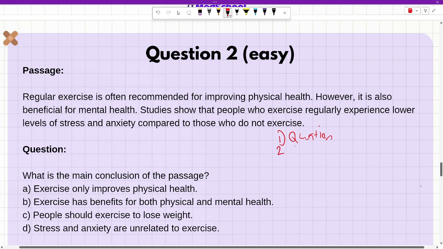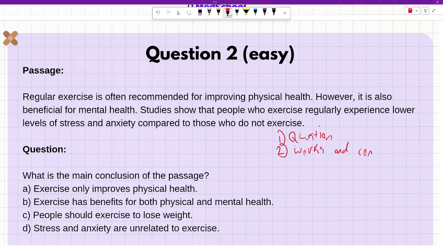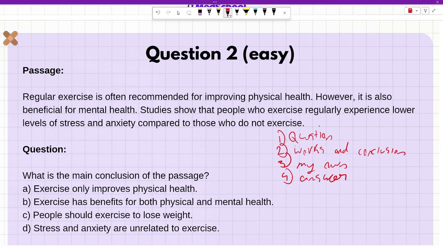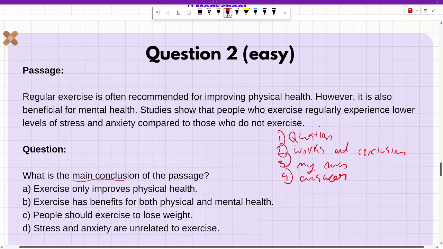Step 2, keywords, and try to find conclusion, right? Step 3, my own conclusion, and step 4, answers. Okay, so the question is, what is the main conclusion? Okay, check.